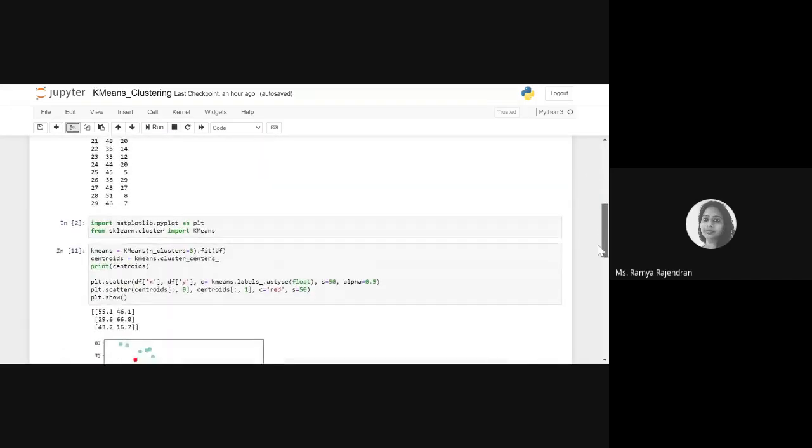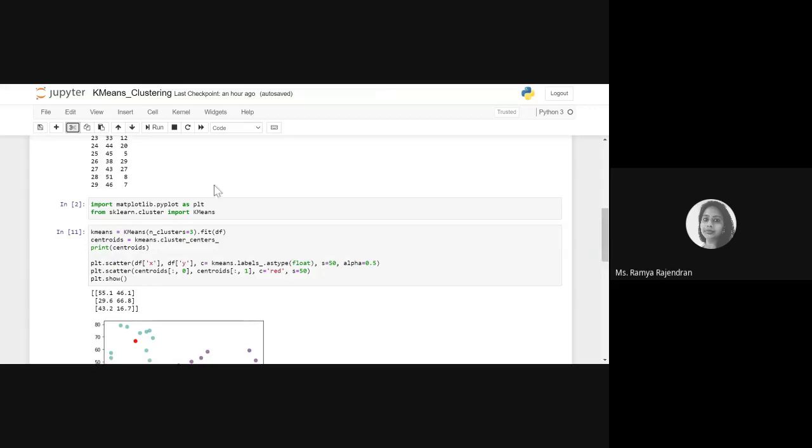Here I'm importing KMeans from sklearn.cluster, and I'm trying to create 3 clusters. I have x and y variables, so I set n_clusters equal to 3.